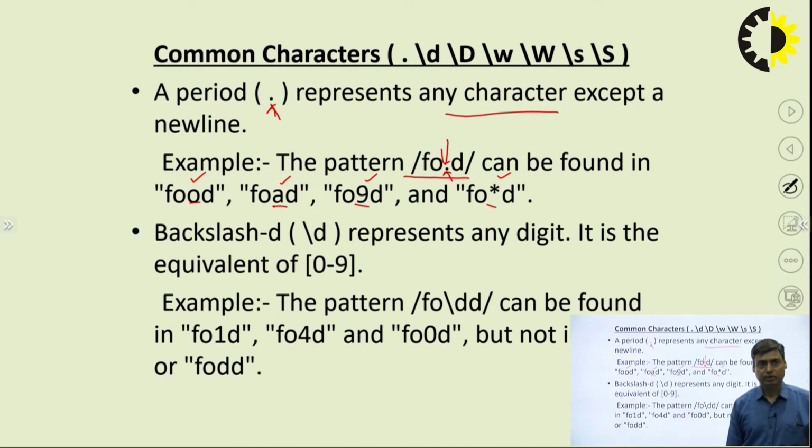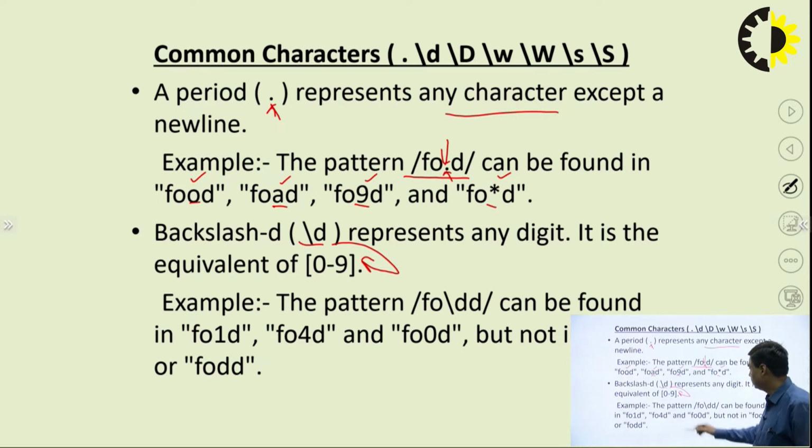Very simple approach. Now suppose you want to ensure that the input string consists of only digits, then you can use \d, which represents any digit, and it is equivalent to writing 0-9 within the brackets, which we'll see in the coming slide.